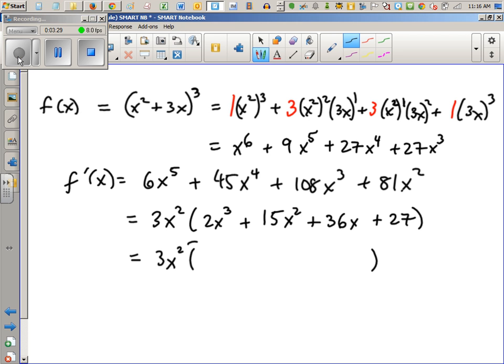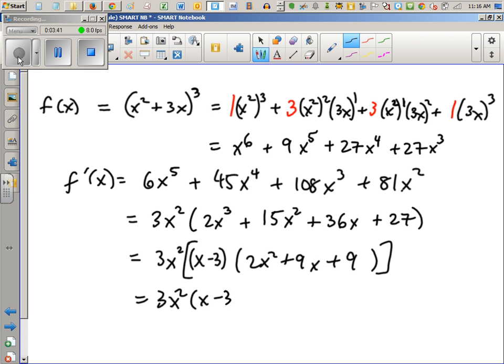Okay, so we tried it on the board there, and we found out that x minus 3 actually factors out, leaving us with 2x squared plus 9x plus 9. And Matt says that factors even more. Wouldn't that x minus 3 go to x plus 3? Because I'm sorry, x plus 3. Negative 3 was the root. X plus 3 is the factor. Thank you. And then this factors into 2x plus 3 times x plus 3. So I think we finally got our answers.